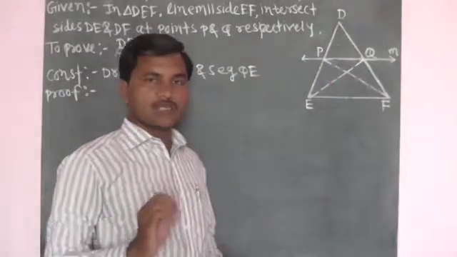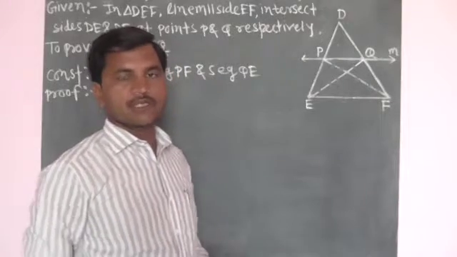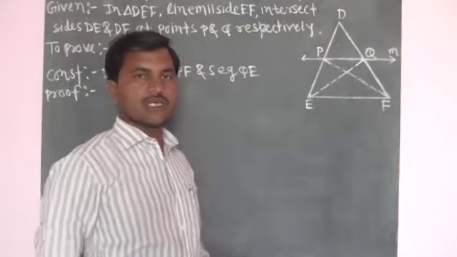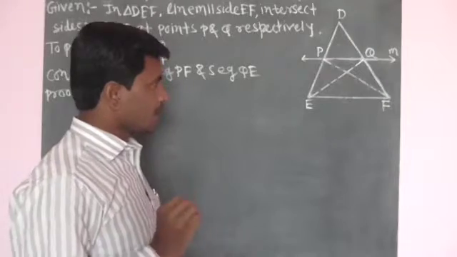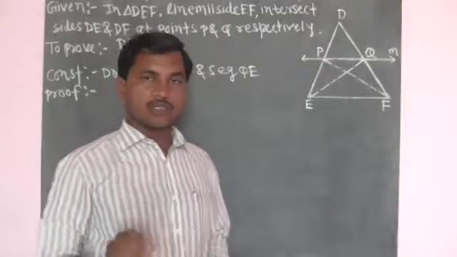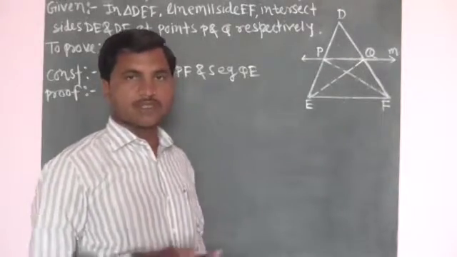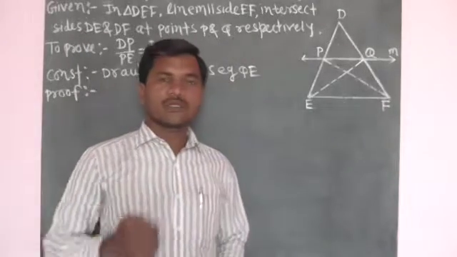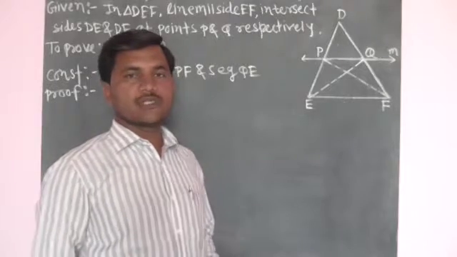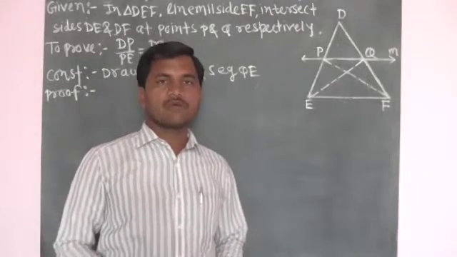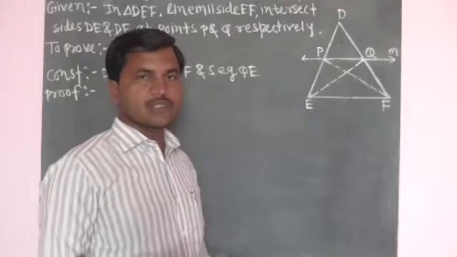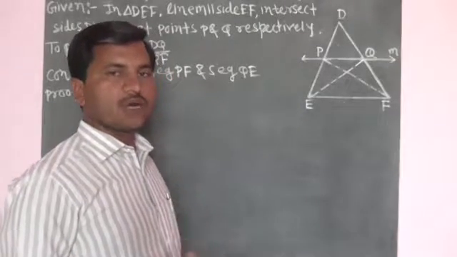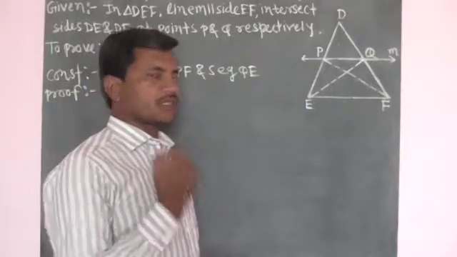When two triangles have one common vertex and their bases are collinear, the triangles have the same height. And we know that when the heights of two triangles are equal, then the ratio of areas of those two triangles is equal to the ratio of their corresponding bases.